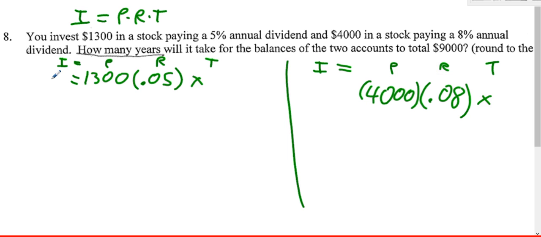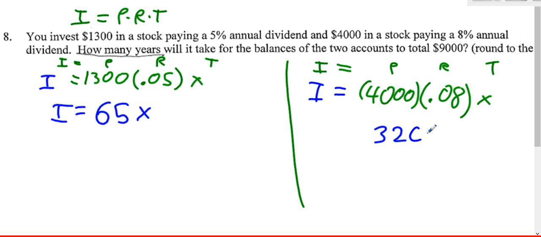So whatever we get here, this is interest, and this is interest. Multiply these out. 1,300 times 0.05 times x. That's 65x. Multiply these out. 320x.